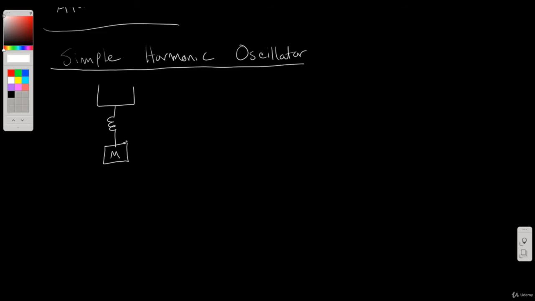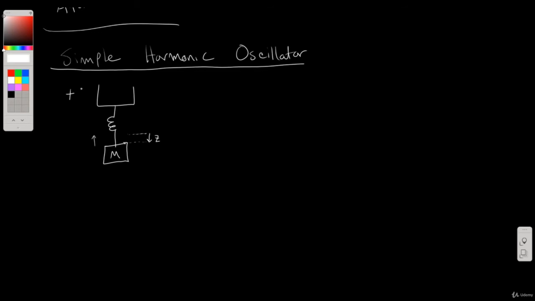Take a mass m on a spring. If I apply a force, let's say the original position was 0, and I displaced the mass a distance z, so I took my hand and pushed it down a distance z, obviously there's going to be a restoring force in the opposite direction.